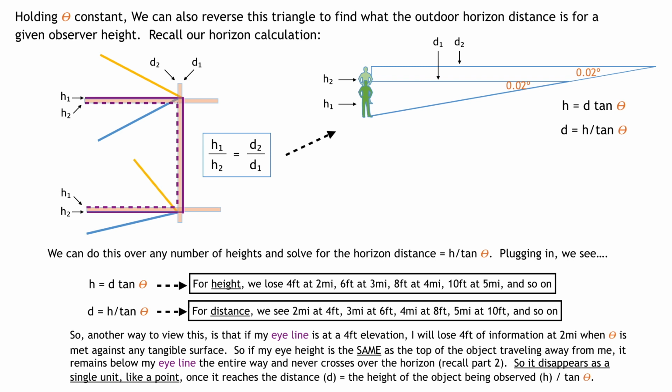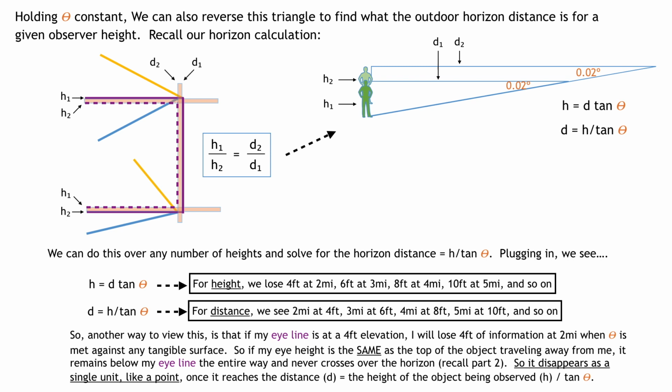So plugging in for both of these formulas, we already discussed what we lose: again, recall that we lost about 4 feet at 2 miles, 6 feet at 3, and so on. Reversing this triangle for distance, we see 2 miles at a 4-foot observer height. We see 3 miles at a 6-foot observer height.